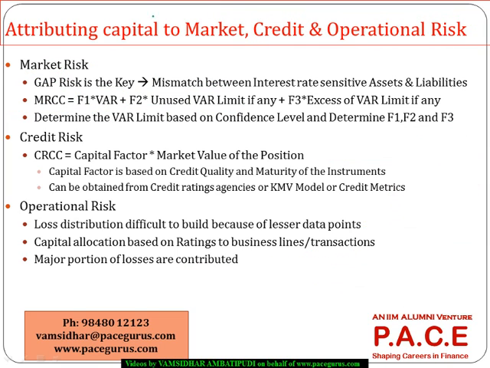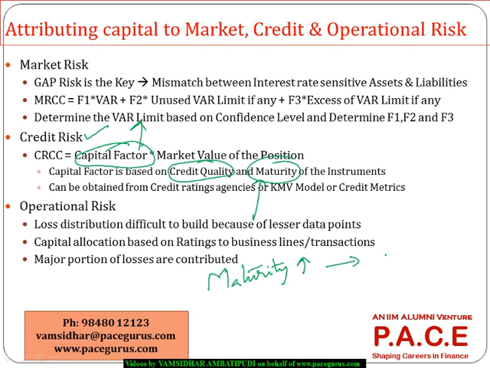Then when we talk about the credit risk, we are simply computing what is called the capital factor, which is based on the credit quality and the maturity of your instrument. So all else remaining the same, the longer the maturity, the capital factor will go up.